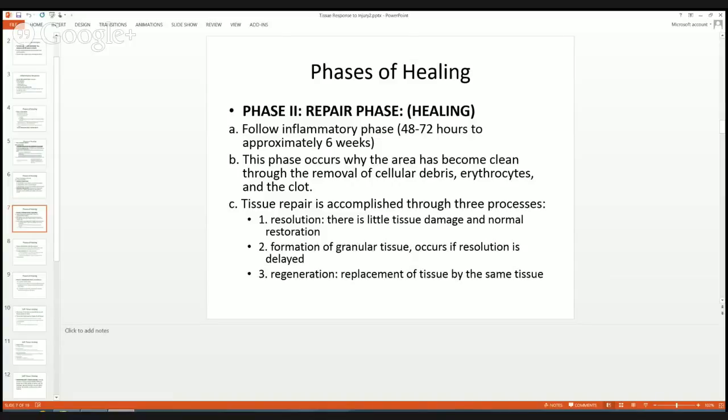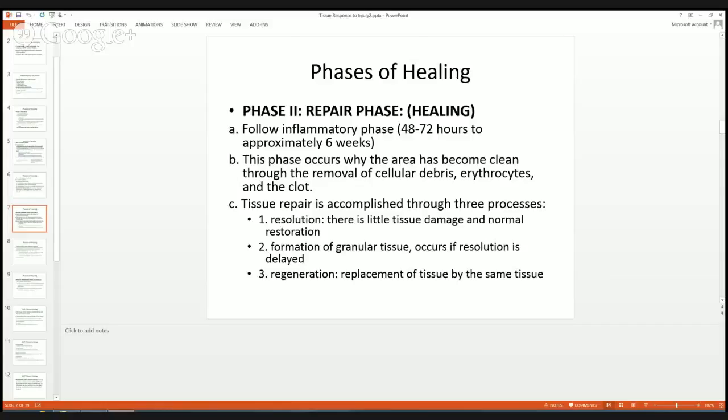This phase occurs when the area is becoming clean and there is removal of cellular debris, erythrocytes, and the clot. Because remember, whenever you have bruising, you have had bleeding. Whenever something is bleeding, it clots just like on the outside, it happens on the inside.